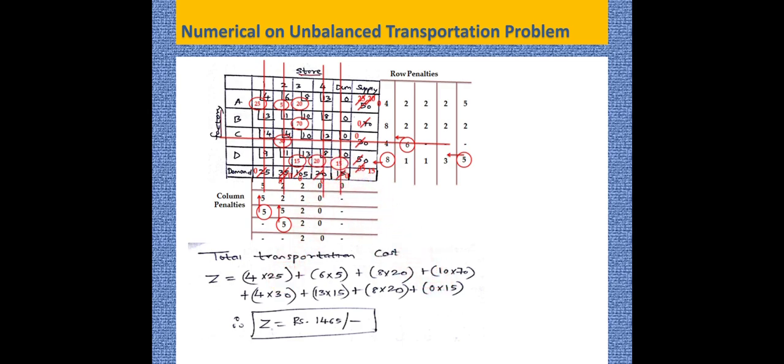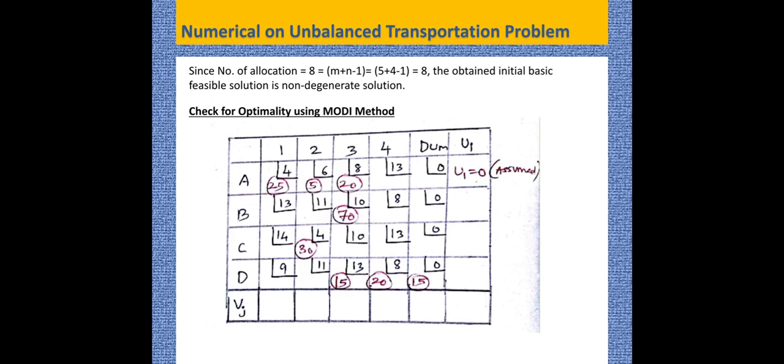So I am getting rupees 1465. Here number of allocations is equal to 1, 2, 3, 4, 5, 6, 7, 8. Since number of allocations is equal to 8, which is equal to m plus n minus 1, that is also equal to 8, the obtained initial basic feasible solution is a non-degenerate solution.